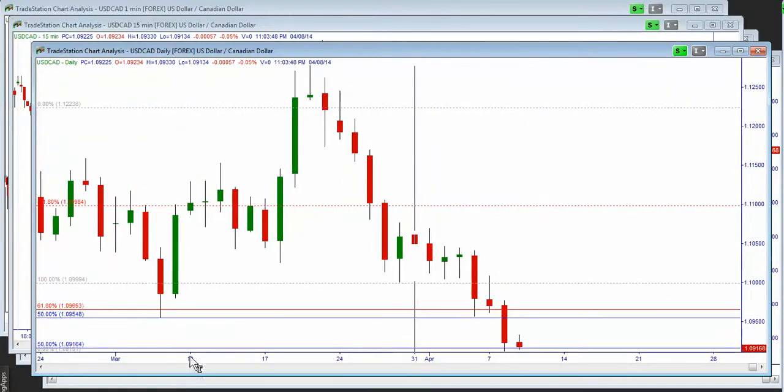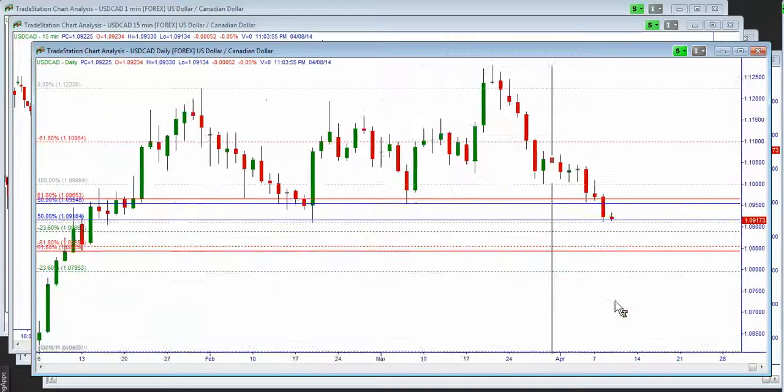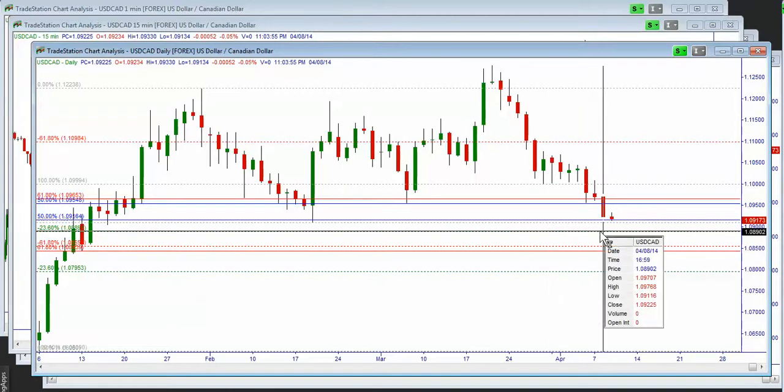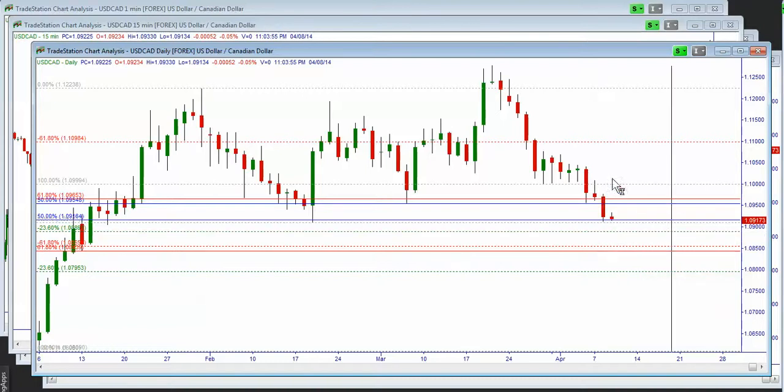So if we move above 109.66, I would see this as a potential entry long with a stop below the lows, 109.10. And this would be a confirmation again that there is actual participation at this area, 109.16.